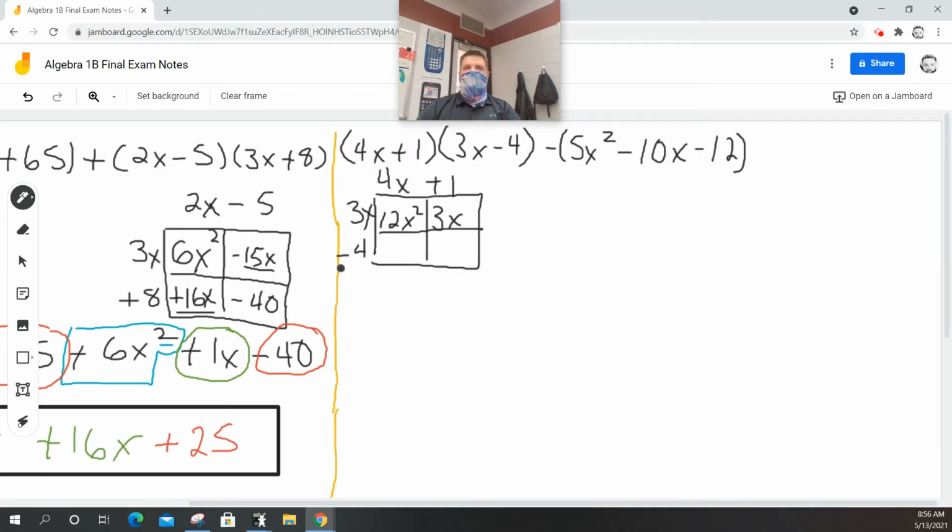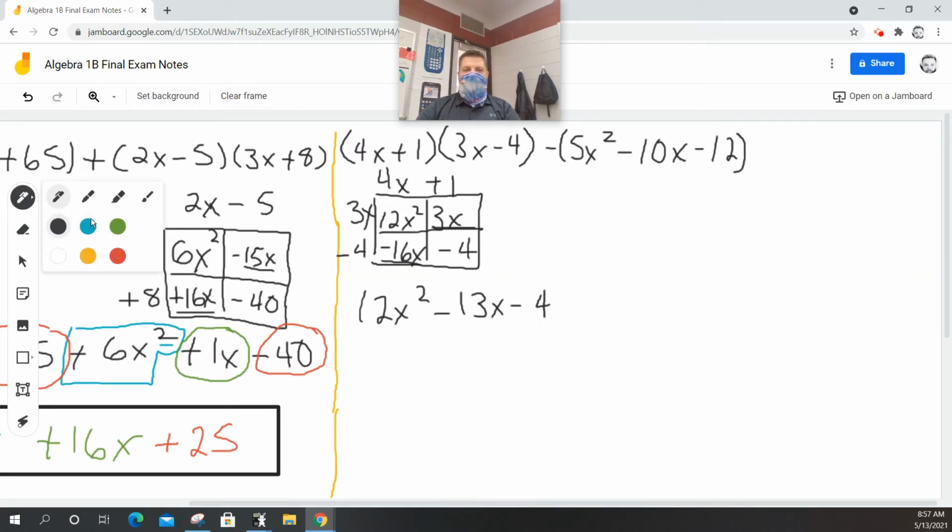What's 4x times negative 4? 4 times 4. So negative 16x. Good. What's negative 4 times positive 1? Negative 4. So this whole thing becomes 12x squared. And then negative 16 plus 3 is a negative 13x minus 4.